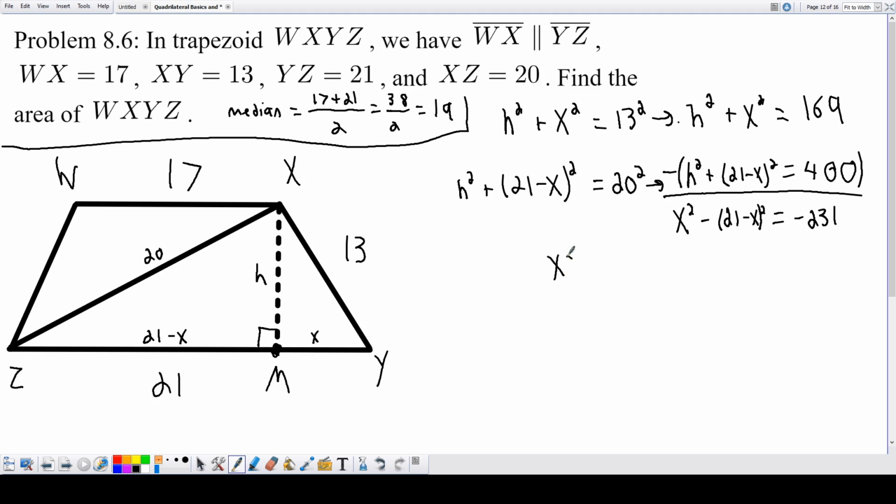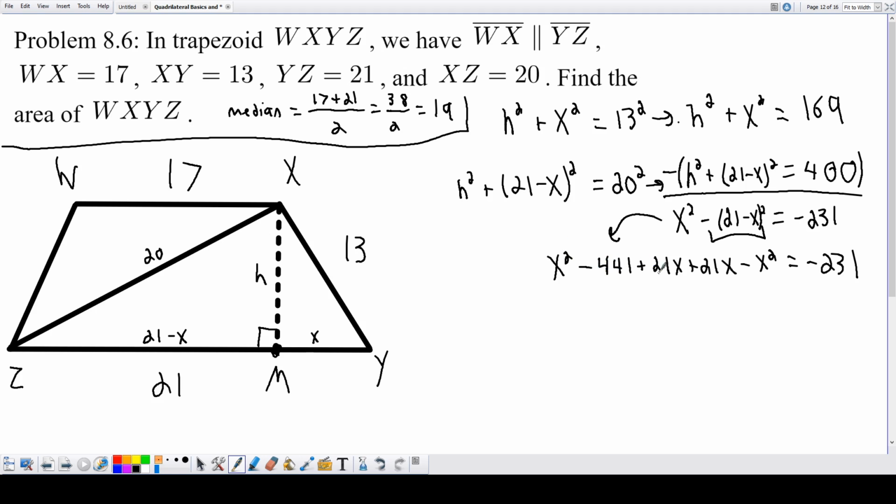We have x squared, then minus 21 squared, which is 441, then plus 21x plus 21x minus x squared equals negative 231. And we just took FOIL, or just multiplied that out: 21 minus x times 21 minus x.